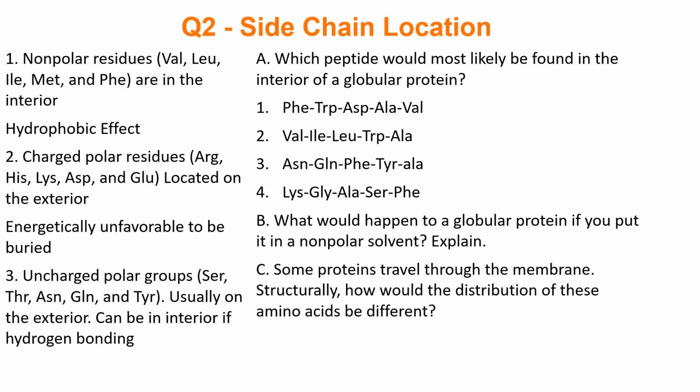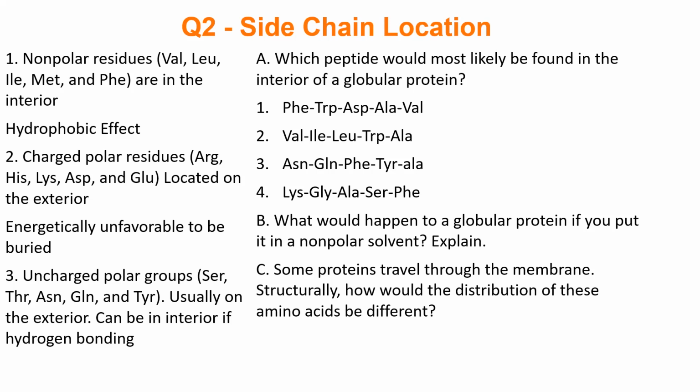Also, polar residues are usually going to be on the outside as well. These are interacting with your water molecules. And it is very unfavorable to have one of these charged molecules on the inside of a protein.